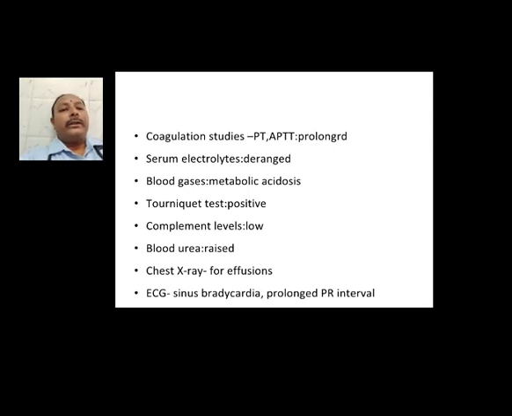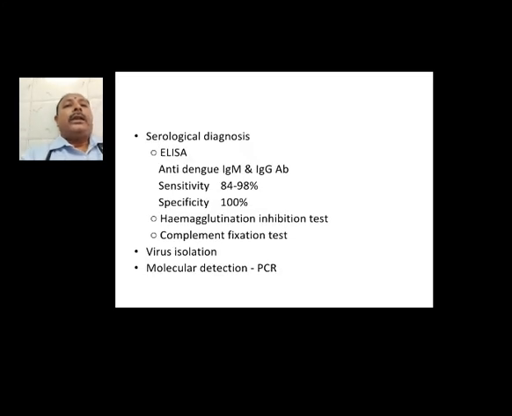for effusions, and ECG for bradycardia and prolonged PR interval. Serological diagnosis by ELISA, anti-dengue IgM and IgG antibodies, sensitivity 84 to 98%, specificity 100%.